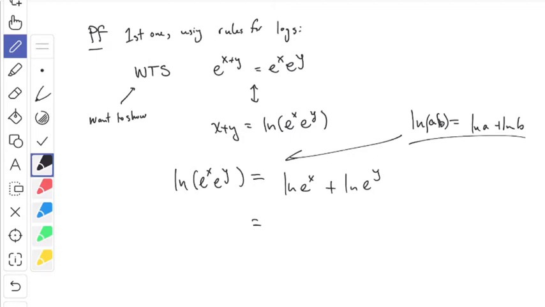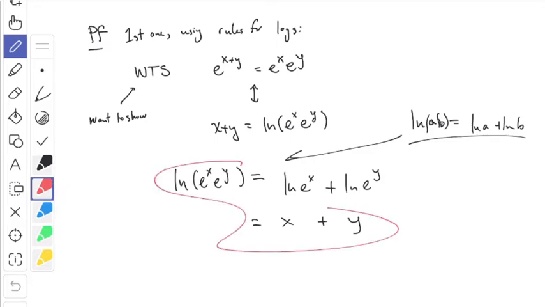The log should cancel the e. Plus ln e to the y is y, yeah. All right, so if you read this, this is what I said I wanted to show, right? I said ln of e to the x times e to the y is equal to x plus y.